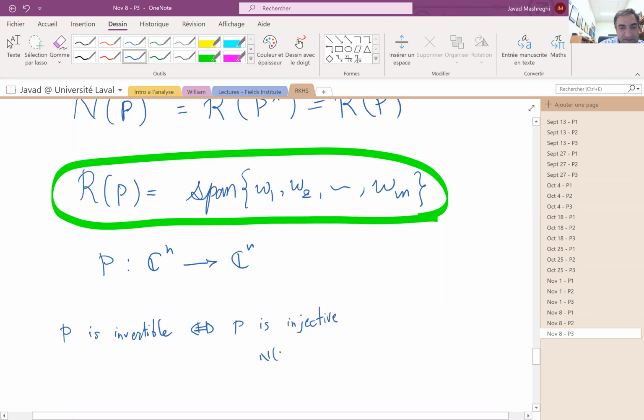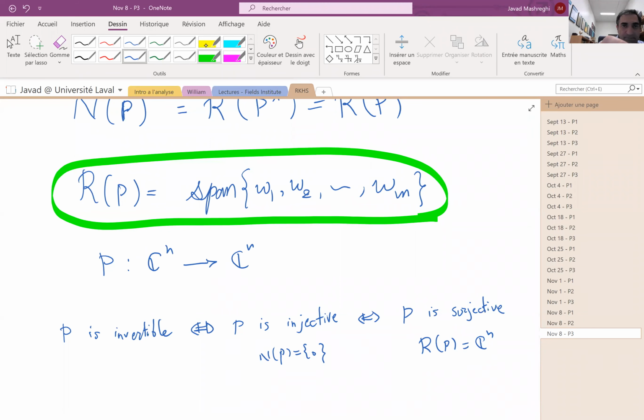This is the same as n of P equal to 0. If and only if P is surjective, that is, the range of P is equal to Cn.